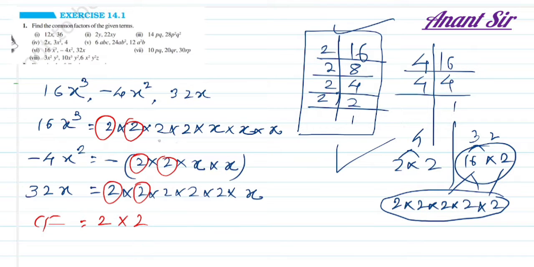Now we see that there is another 2 in the first and third term, but not in the second, so we cannot take any more 2 common now, okay. So can we take x common? Yes, there is x in all the three. I can take 1x, only 1x, because now in the third term there is no more x. So the common factor is 2 times 2, 4x.